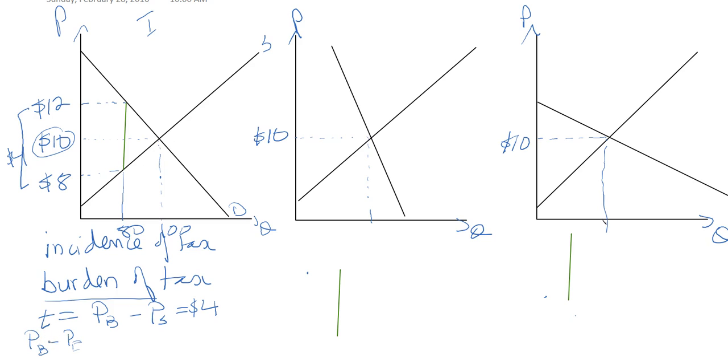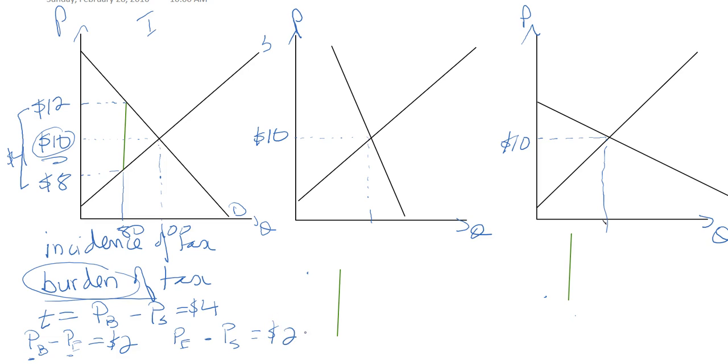So the difference between the price they're paying with the tax and the price they paid before tax, which is 2, is the burden of tax on buyers. On the other hand, sellers before the tax was imposed were receiving $10, the way we have drawn it, and with the tax, they are now receiving only $8. So their burden of the tax in this case is also $2, which is the difference between 10 and 8.